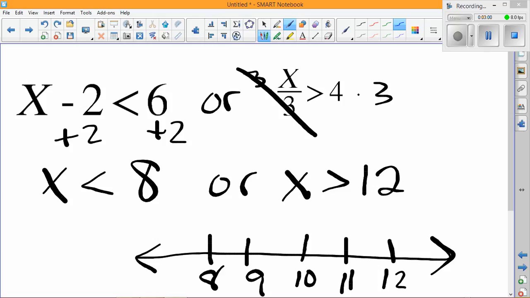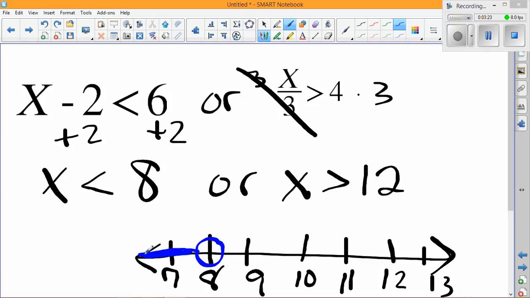So when I say x is less than 8, it cannot be 8. It has to be a number that is smaller than 8. So I'm going to have an open circle at 8 because it cannot include 8. And then it has to be less than, so I shade to the left.